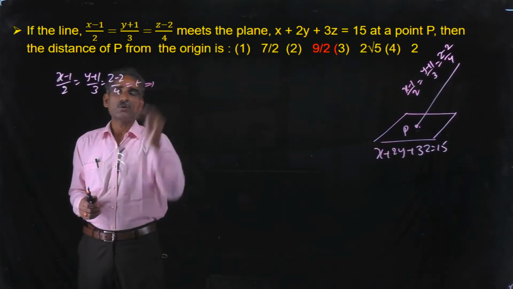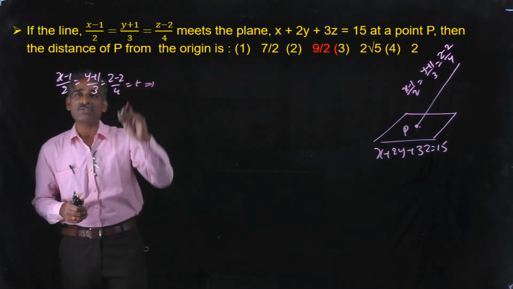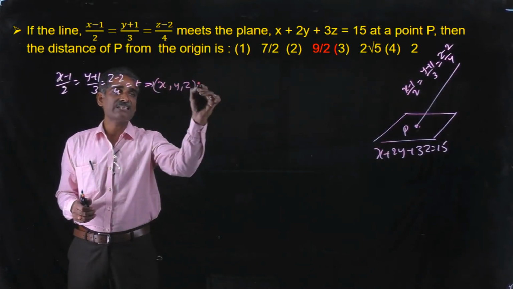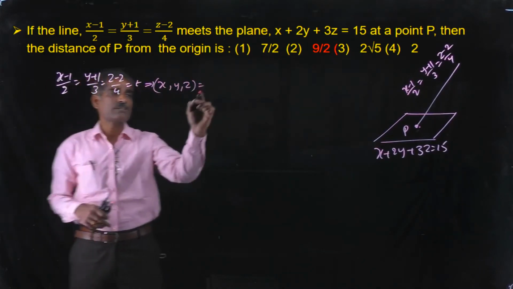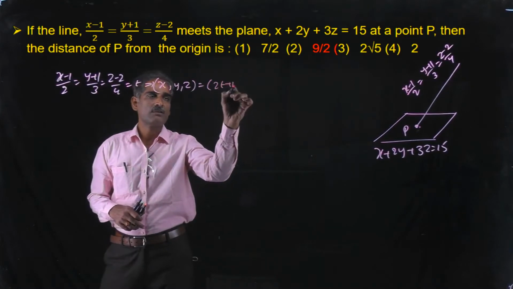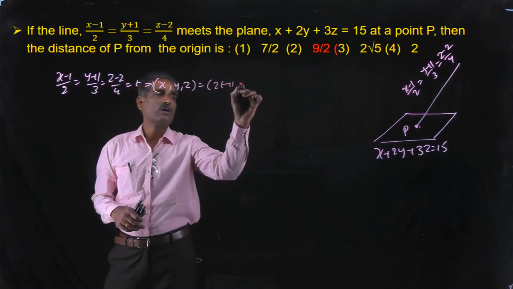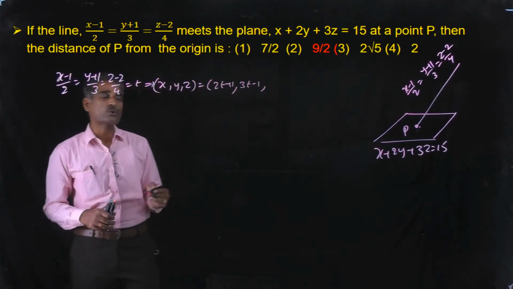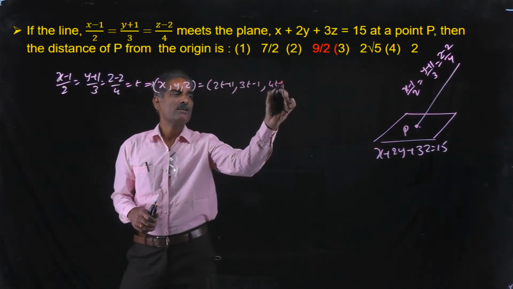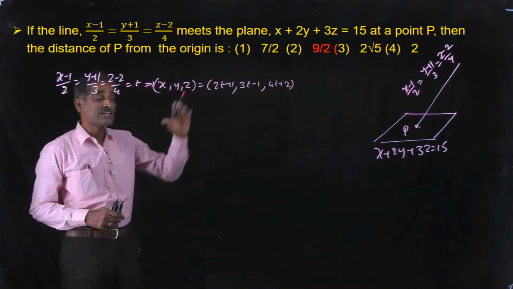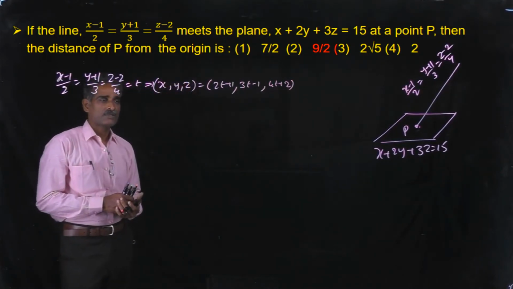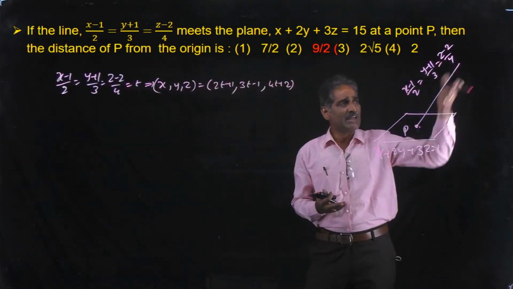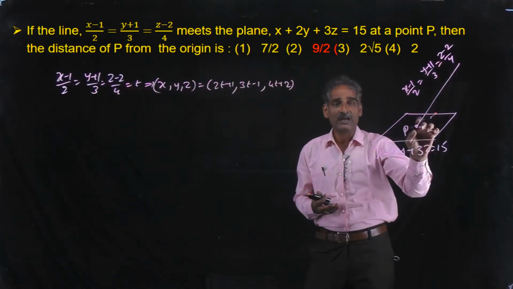From this we can write x equal to 2t plus 1, y equal to 3t minus 1 and z equal to 4t plus 2. This is the general point on the line. General point means it may be anywhere, but we have to find the contact point.